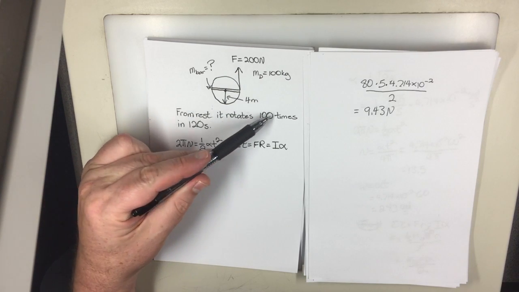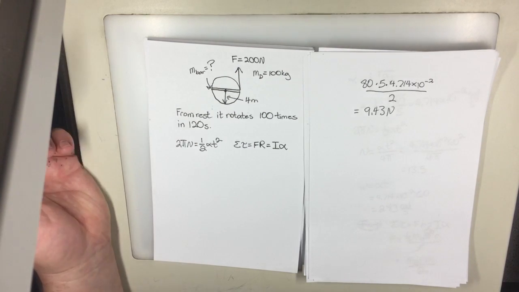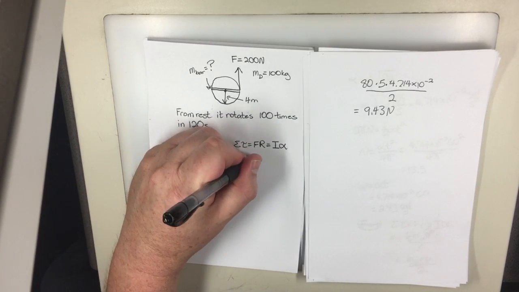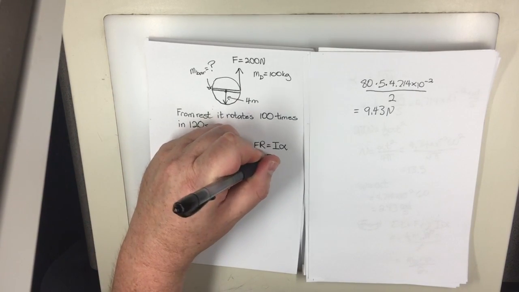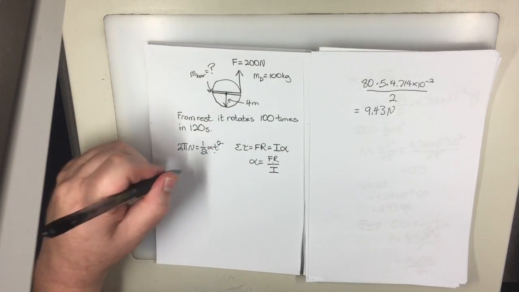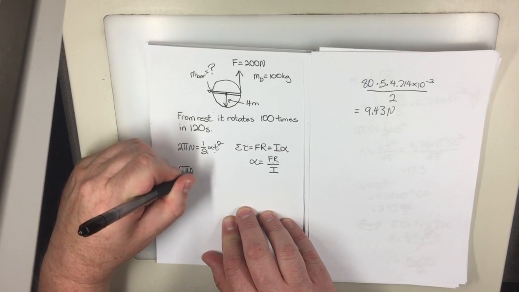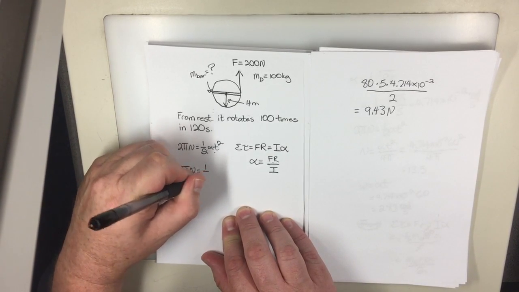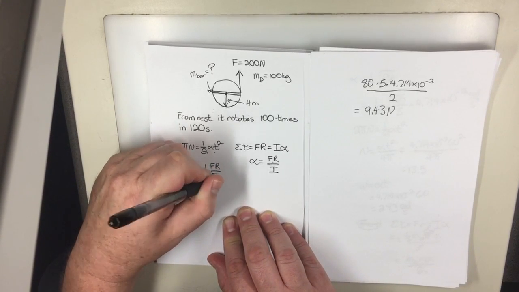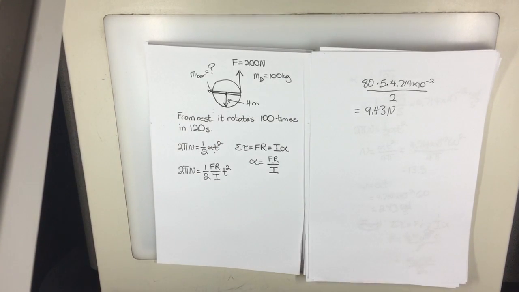Now, I don't really need to know what alpha is. I don't ask for it. All I ask for is the bar. So what I'm going to do is solve for alpha, take that and plug it in there. So 2 pi n, I know what the value of n is, equals 1/2 FR over I t squared. I know what R is, I know what F is, I know what T is.